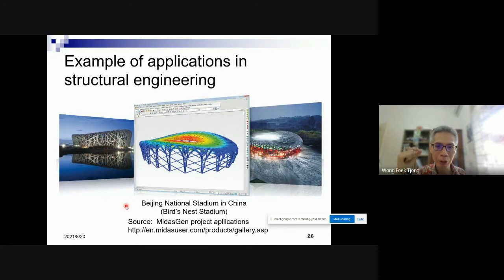But what's the engine of Midas? What's inside Midas? This is made from Korea, I think, Korean software. Most of the software works based on finite element.